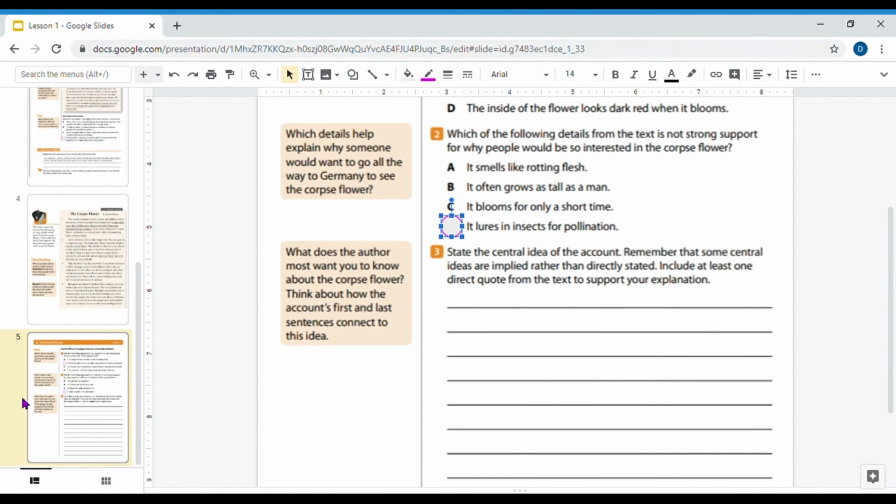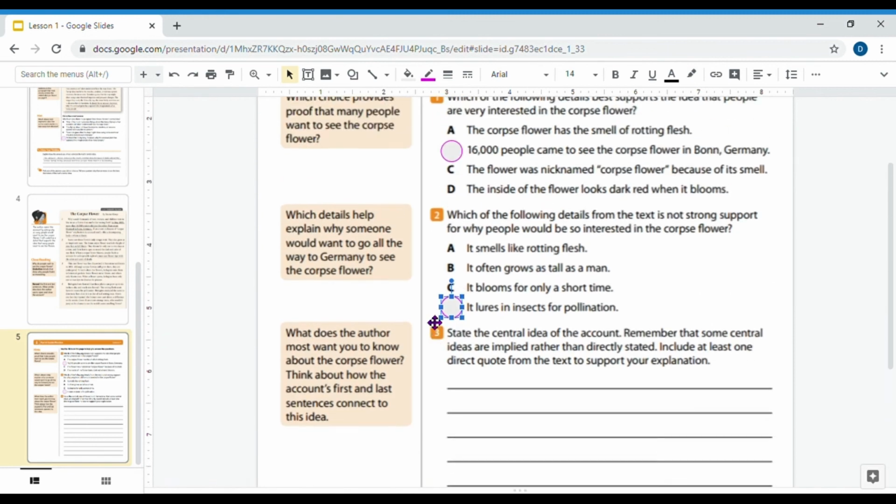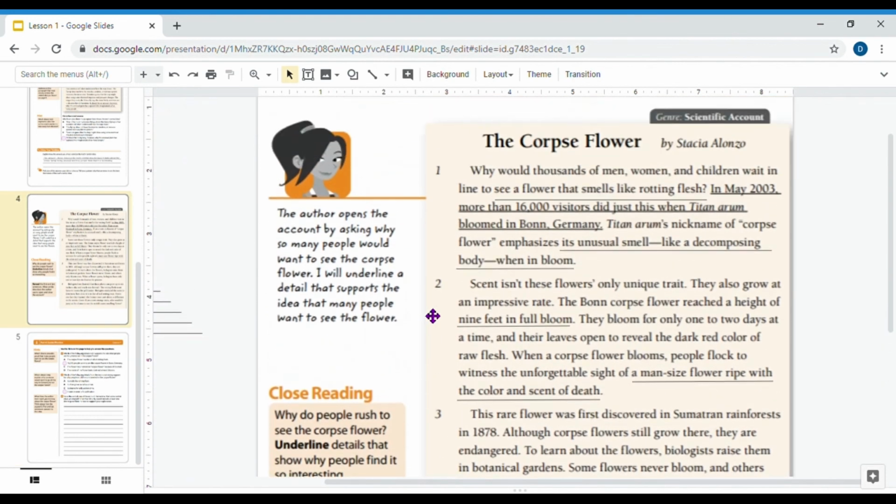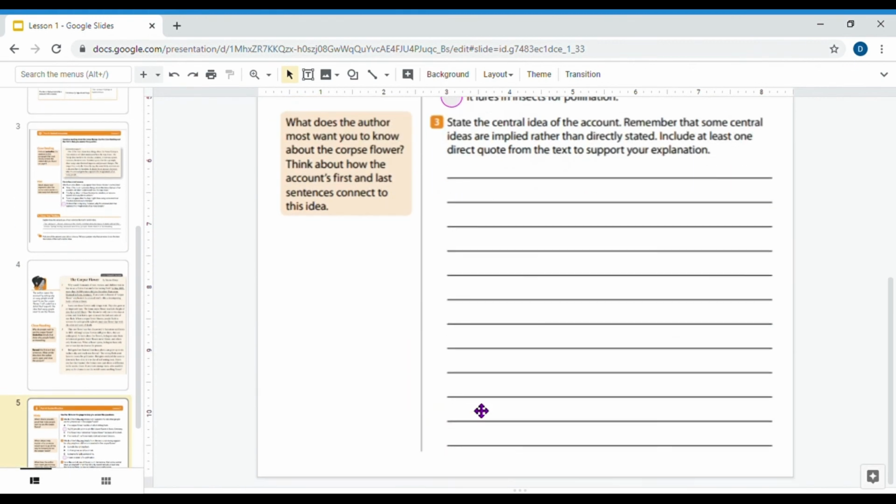So if we're going to go back and look at our corpse flower, we remember that in the first and the last sentence, they're talking about people going to visit this flower, which I think is going to be our central idea. And then we also already have these underlined support details. So we're going to say, let's go down to our text.